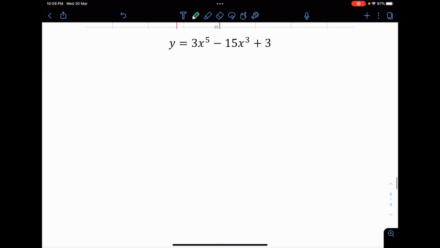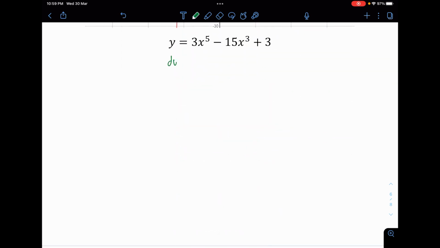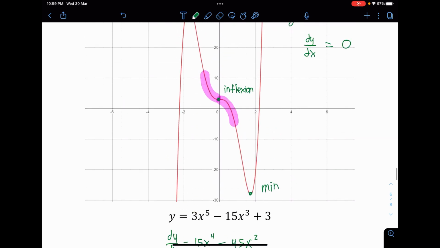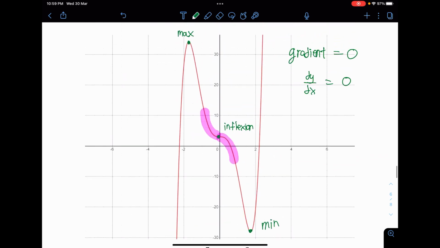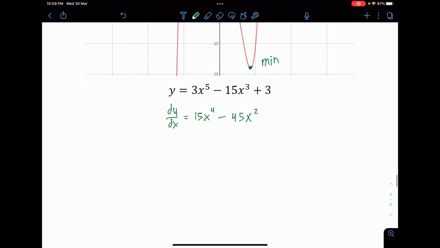Now, if you take a look at y equals 3x^5 minus 15x^3 plus 3, if I differentiate this, I'm going to get dy/dx equals 15x^4 minus 45x^2, plus 0. I mean, differentiate the 3. Now if we follow the concept that I explained to you, that dy/dx is 0 at these three locations, I just need to let it equal 0 like this.